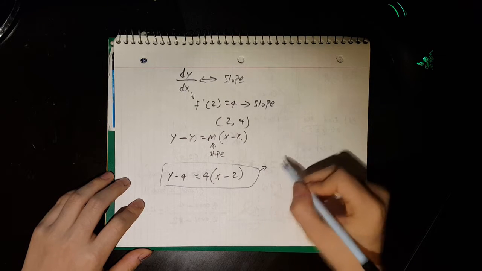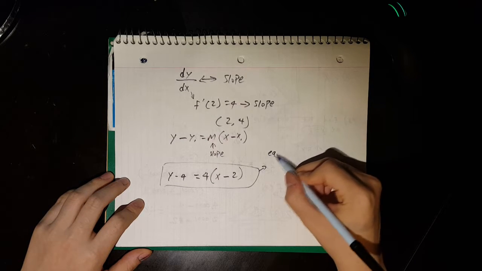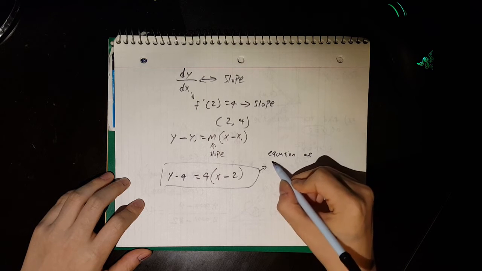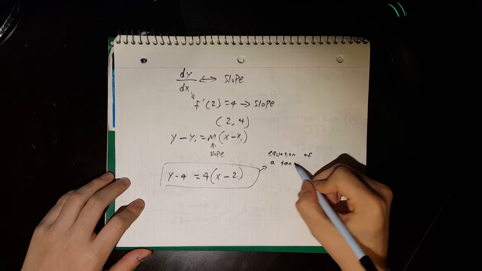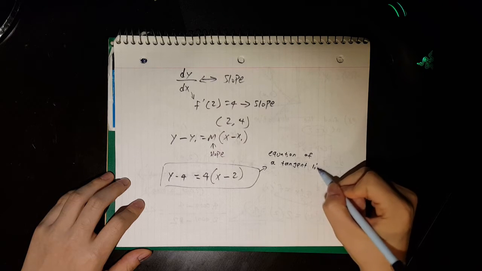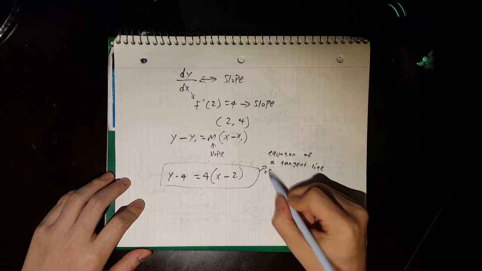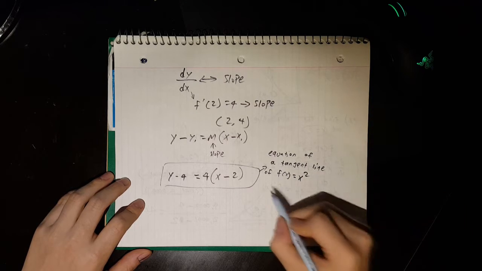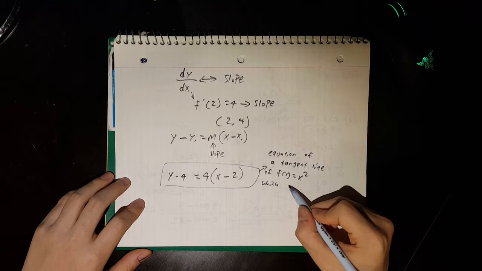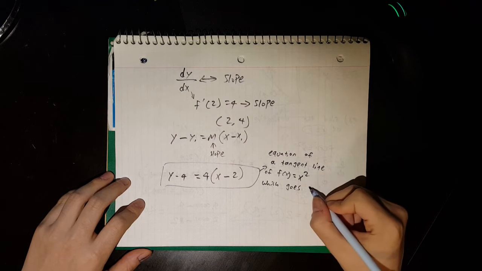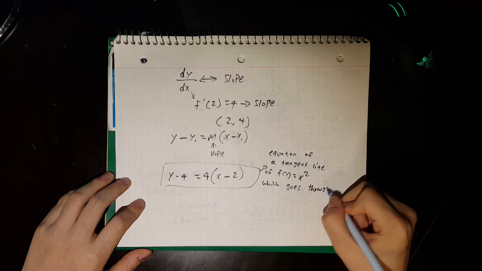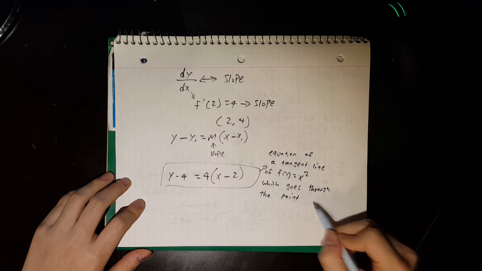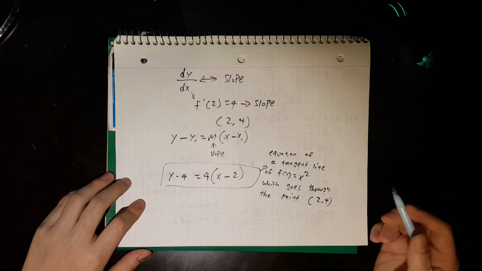That is the equation of a tangent line of f of x equals x squared, which goes through the point (2, 4).